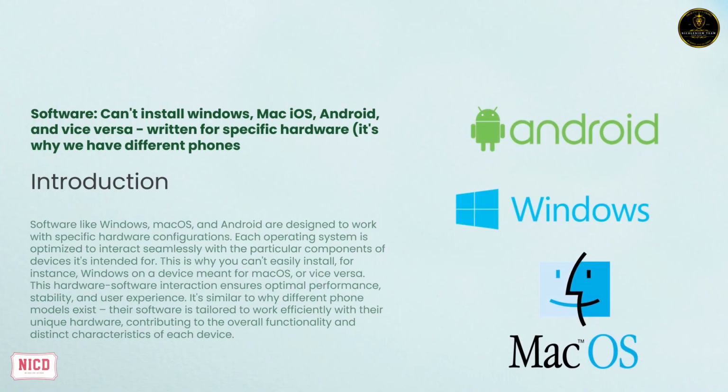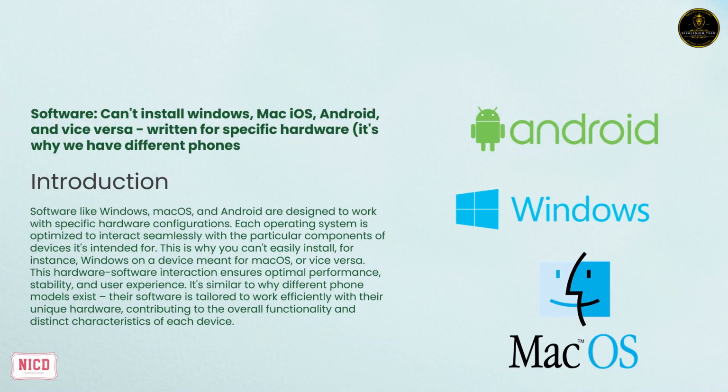Introduction. Software like Windows, Mac OS, and Android are designed to work with specific hardware configurations. Each operating system is optimized to interact seamlessly with the particular components of devices it's intended for. This is why you can't easily install, for instance, Windows on a device meant for Mac OS, or vice versa.